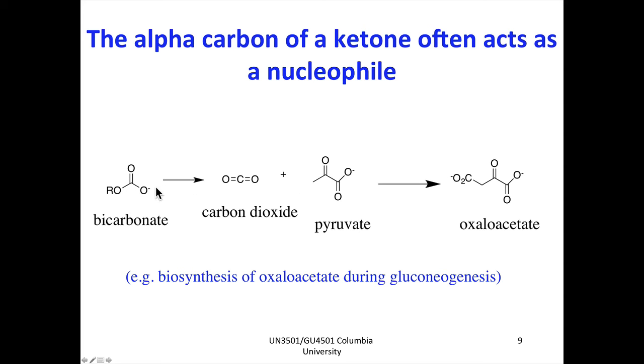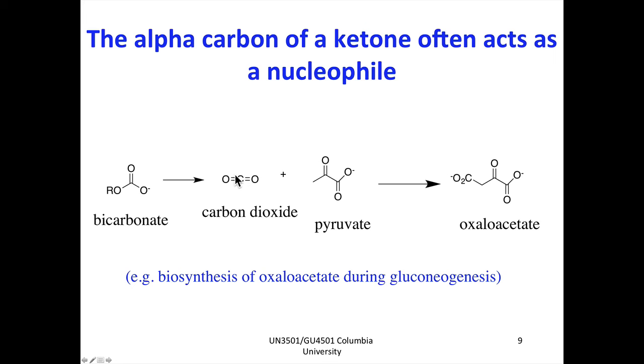The way that works, just to show you the whole thing, is that bicarbonate is a source of carbon dioxide that will decarboxylate or generate carbon dioxide. And then the pyruvate enolate will attack the carbon. So the enolate nucleophile is the carbon of the enolate here on pyruvate. It will attack the carbon of carbon dioxide.